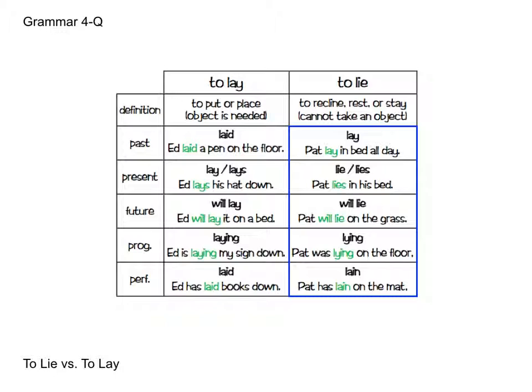Whereas to lie gets a little trickier because we have lay as our past tense. We have lie versus lies for present, will lie with future, and lying with progressive, and laying with perfect. So kind of tricky because you can see there are some similarities, there's some overlap between these two verbs.